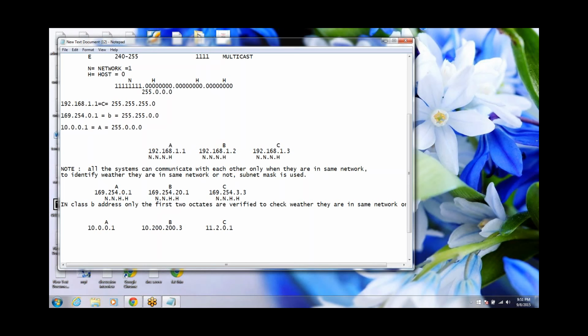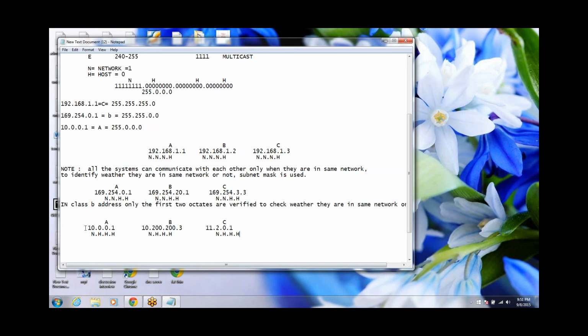The class of the IP address is class A. So what is the octet format? It is n.h.h.h. The same for system B and for the third system C, n.h.h.h. Only the first network octet has to be verified.